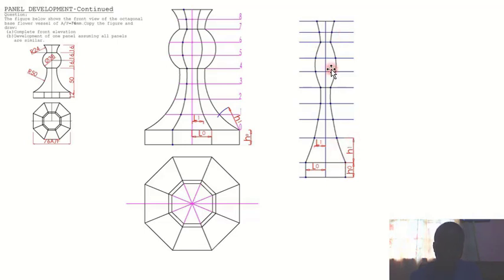So having marked that, now we are going to take the distances on the front elevation for the curve you drew to complete the elevation. So we take these distances across, we take them from the center like that, and then we bring them here. For example, I'll take the distance L0, I'll come and mark it here. When you mark here, you can also mark it the other side because they are the same.